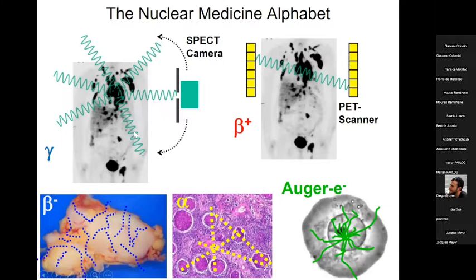Now, for such a vehicle, you can put a radioisotope in for imaging, a SPECT isotope or PET isotope, just to make sure that for this particular patient, your vehicle goes really to the right place before even starting the therapy.